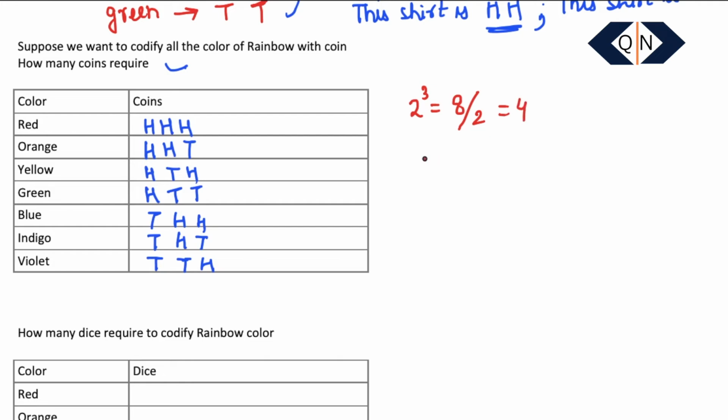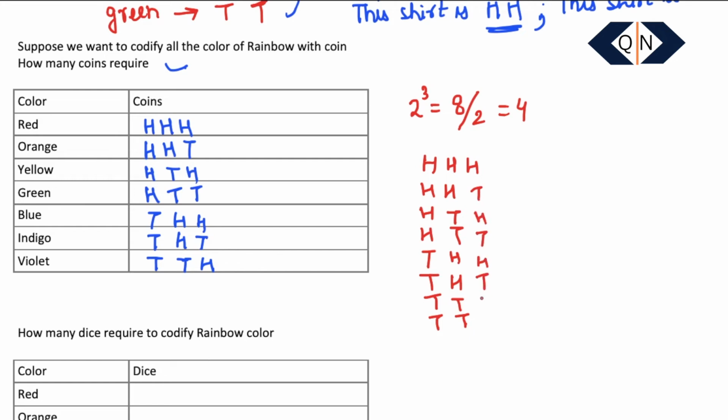So we write 4 heads and then 4 tails. Now we write 2 heads and 2 tails, again 2 heads, again 2 tails. Then we write head, tail, head, tail, head, tail, head, tail. You got all the combinations.